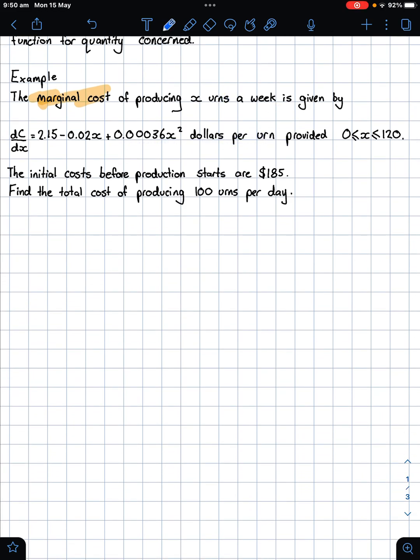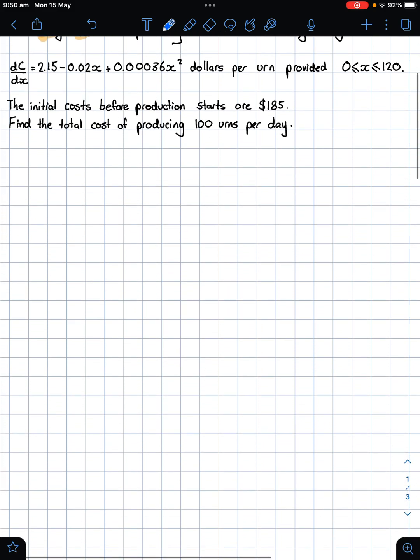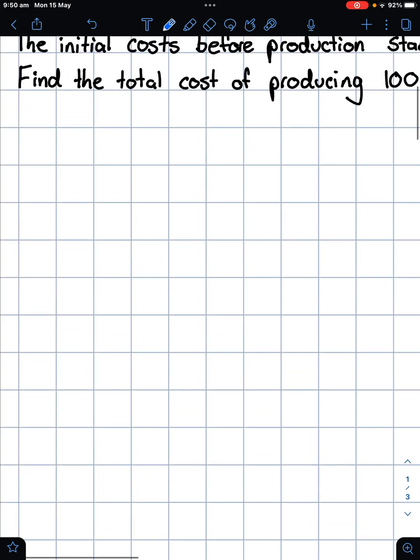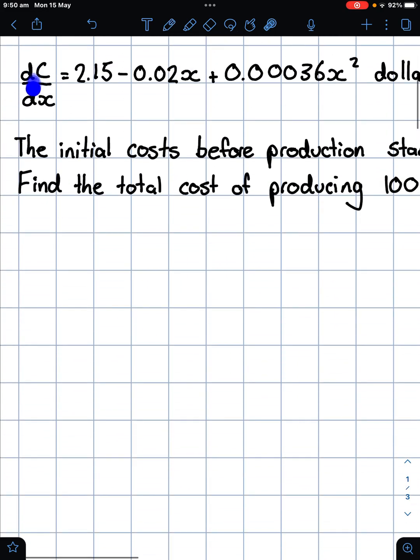So let's just do the integral here. X is earns, and our function is going to be the cost in dollars. I'm going to use C here because the question actually gave us this integral.